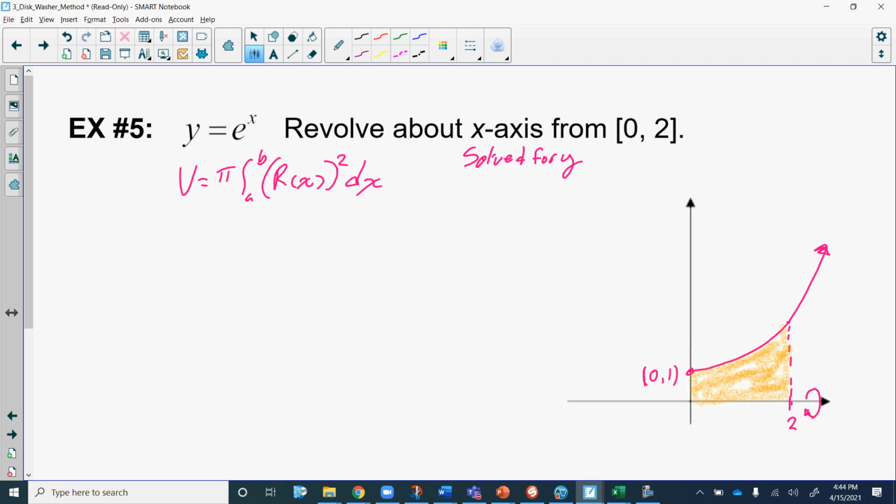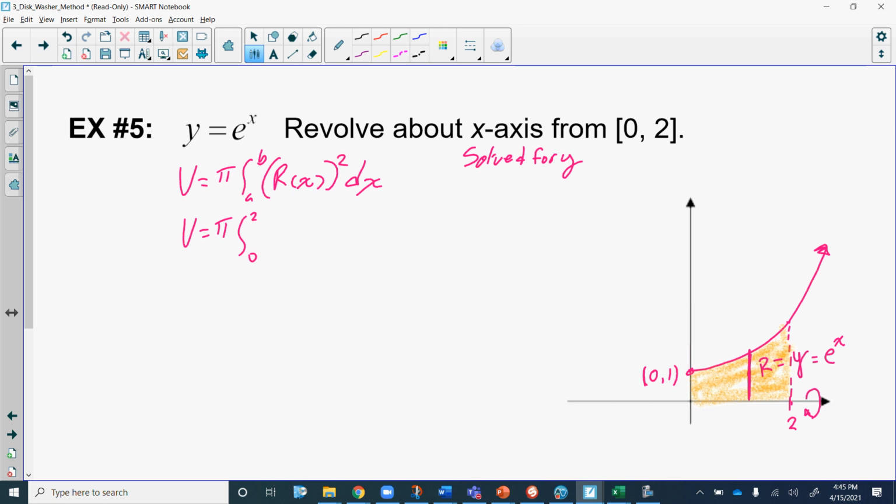So what is the radius? The radius here, that's the radius, which is y. That's my vertical axis, which in this case is e to the x power, we didn't have to do anything to get y by itself. So doing my substitution here, I'm going to say pi. My interval was given to me to be 0 to 2 on the x-axis.